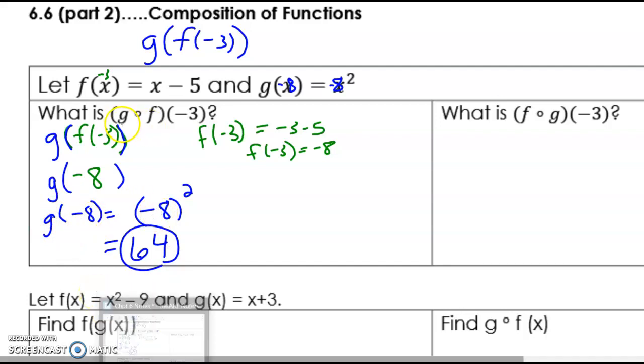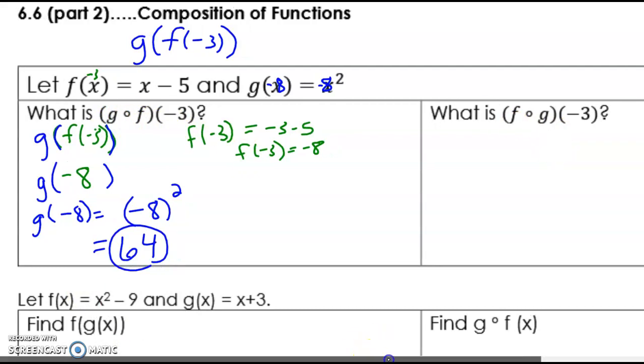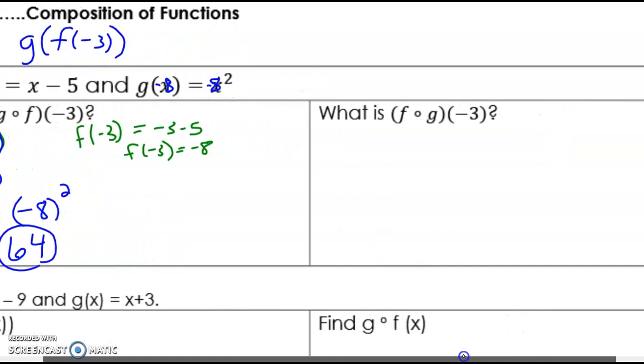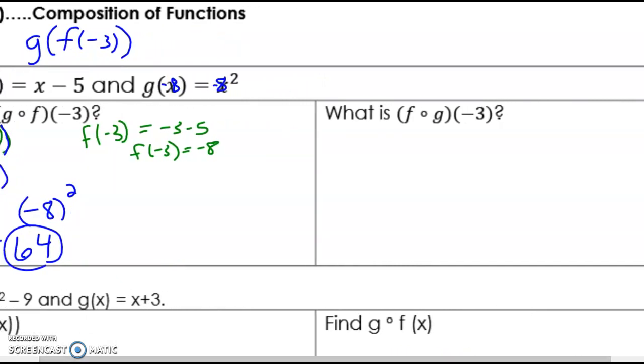Okay, now notice this was g of f of negative 3. What would happen if we did f of g of negative 3? So this is going to be the other way around, and usually it'll give you a different answer. So f of g of negative 3.